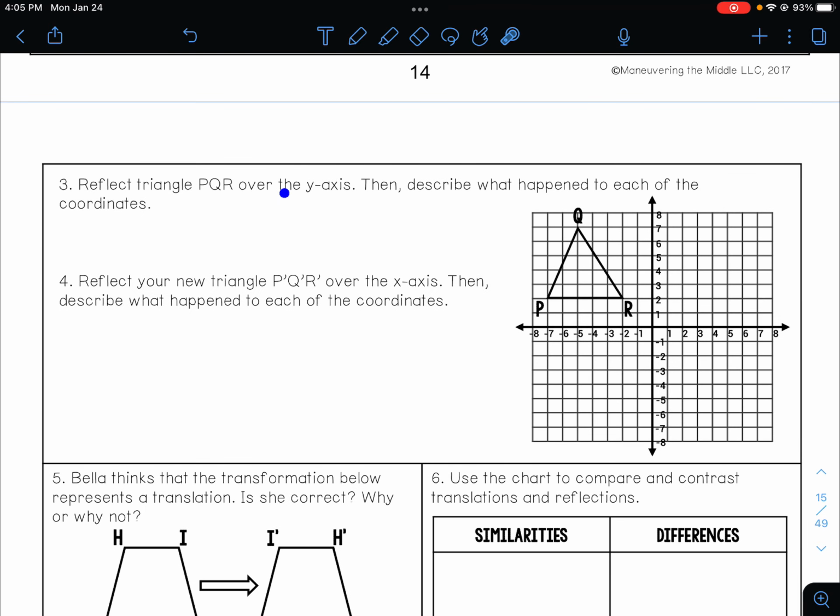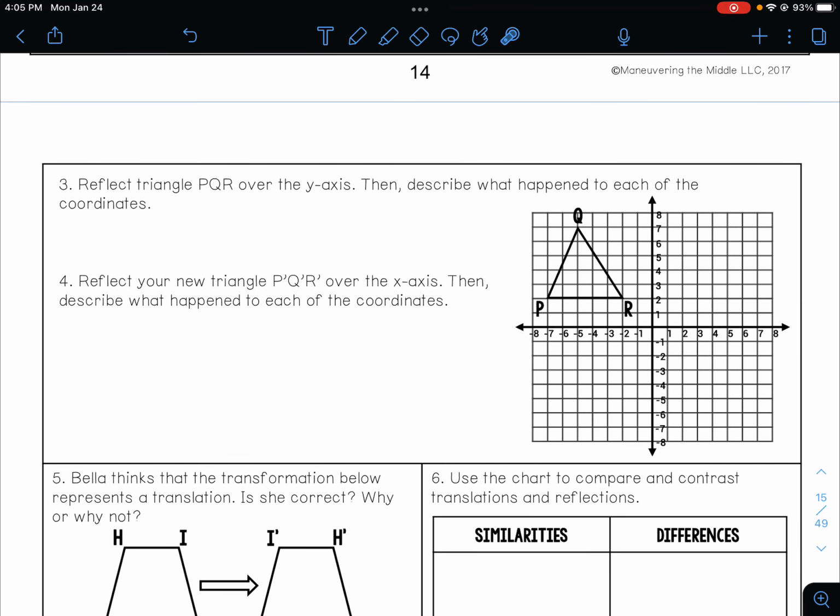Reflect triangle PQR over the y-axis. The y-axis is this axis right here. Then describe what happened to each of the coordinates. Okay, so PQR. Let's do the R first. R is 2 to the left, so I'm going to put it 2 to the right, and that's going to be R prime. P is 7 to the left, so I'm going to move it 7 to the right.